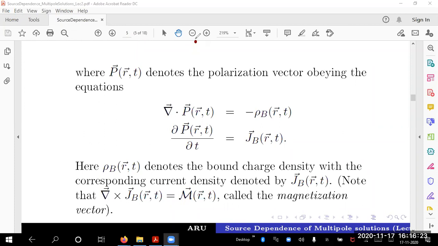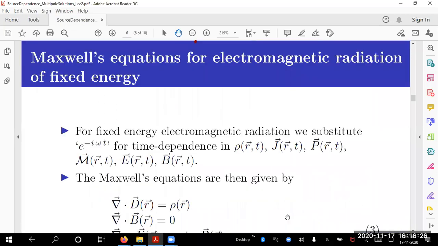So then what I will do is, this I had already told you. Now we will say we have a fixed energy radiation, and for every rho, J, P, M, everything, I have to substitute a time dependence given by e to the minus I omega t.